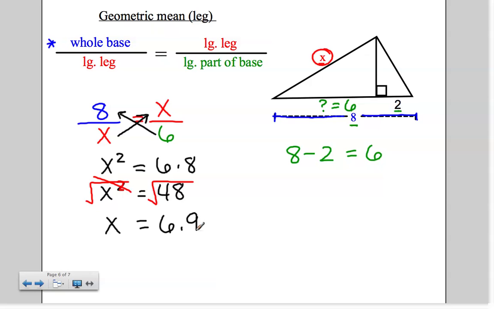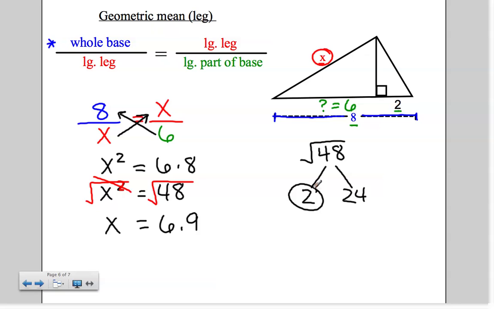If I wanted this in radical form, what I could do is take the square root of 48 and break it down using prime factorization. So 48, I can take 2 times 24. 2 is a prime number, so I'm going to circle it. 24 I can break down, 2 times 12.